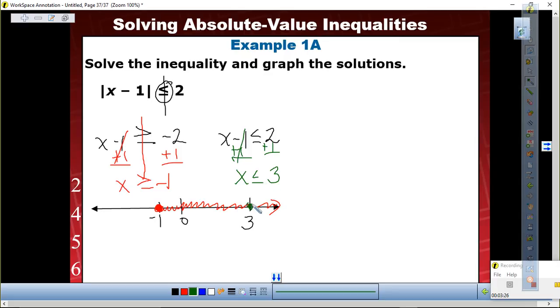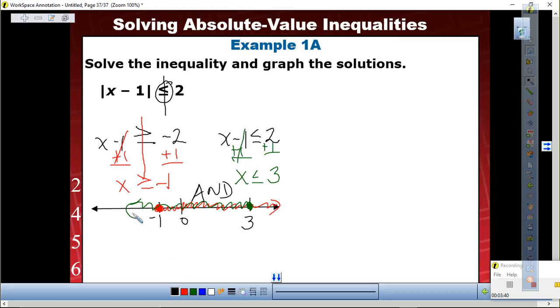Yes, so it's a solid point. And x is less than 3. What numbers are less than 3? Everything to the left. And if you notice, they intersect here, so this is an AND. Okay? Now, let me show you how to write the solution set given the graph.